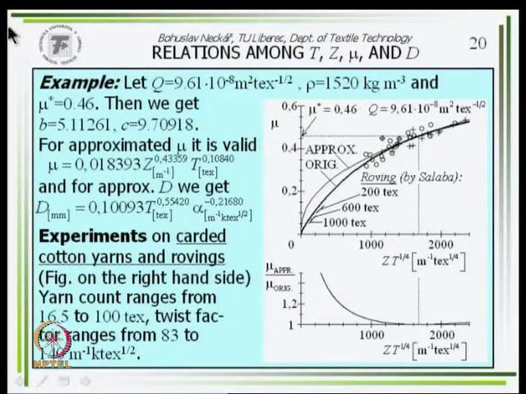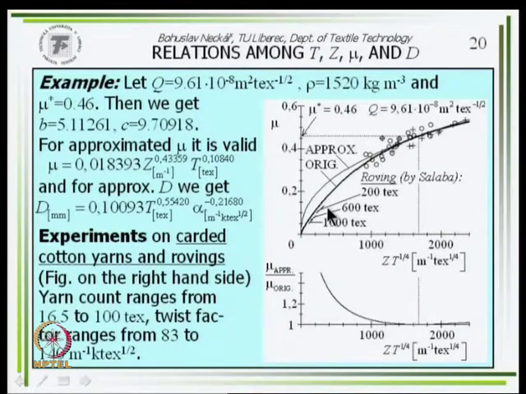Because the yarns are not in the whole region of this graph, the approximation curve, which is precise only in our point mu star, mu equal mu star, is good enough for the whole interval of yarns, for example. But it is not good for rowings. Here the difference is very high.